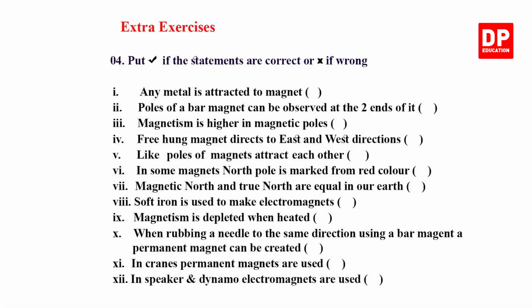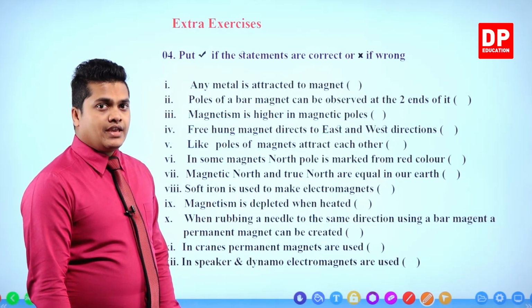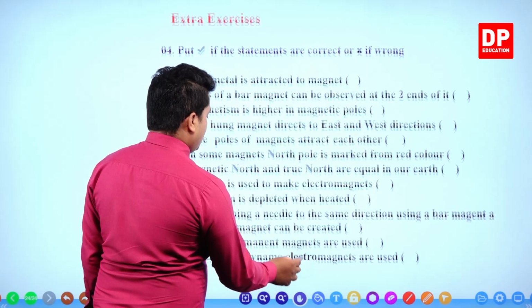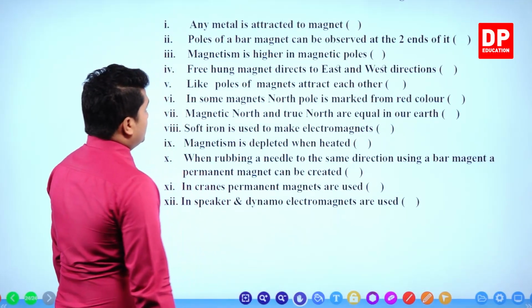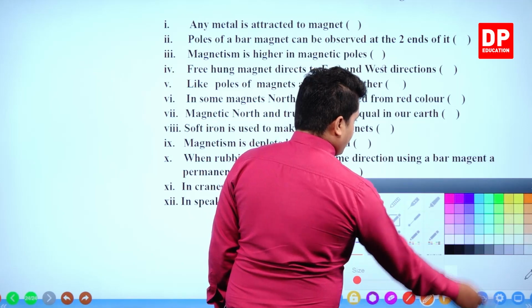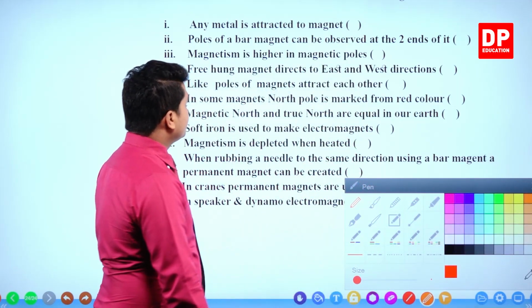Right. So put a tick if the statements are correct or a cross if wrong. You have to put a tick or else a cross. For the first question, I'll use the red color pen so that you can observe clearly.